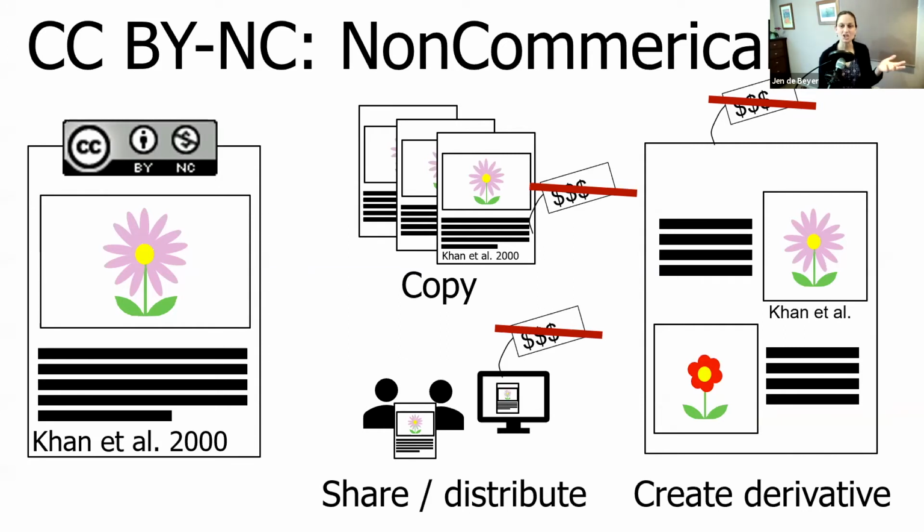Selling, money exchanging hands, is a thing, but even if something is free, it's not necessarily non-commercial. And even if money changes hands, it's not necessarily commercial as far as I understand. But generally, a journal article is a commercial product because journal articles get bought. So if you're using it in a journal article, that counts as a commercial product. So if something is licensed CC BY-NC, you can't automatically use that thing in a journal article.